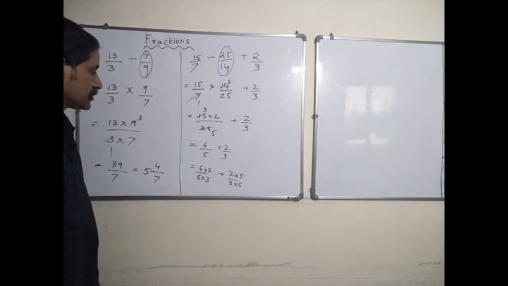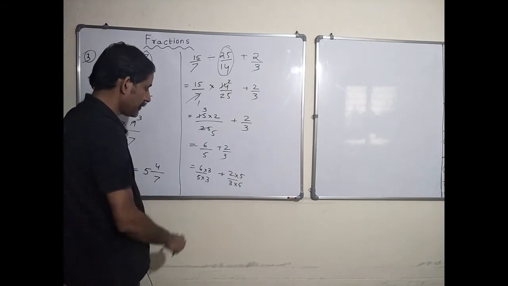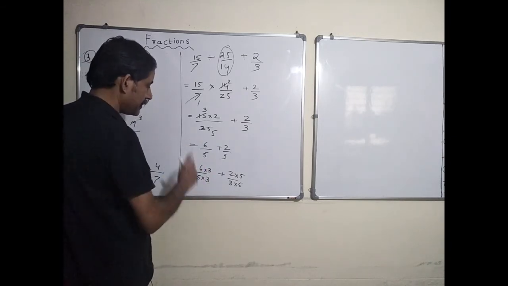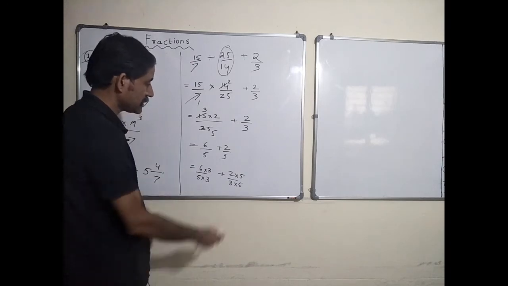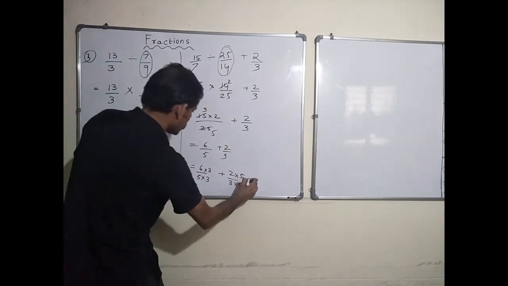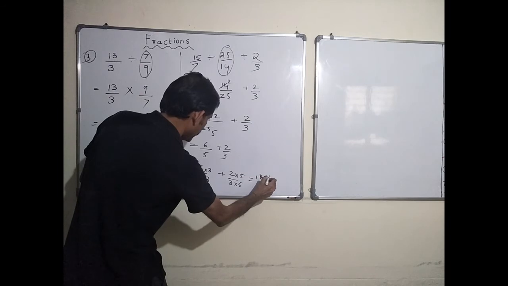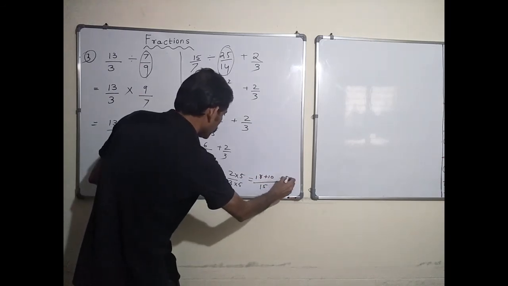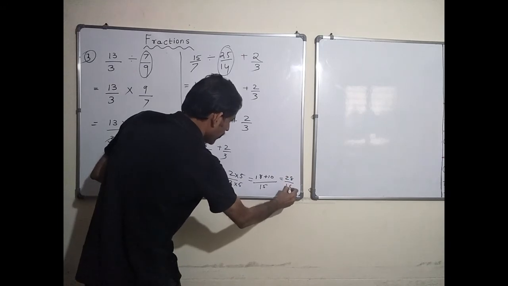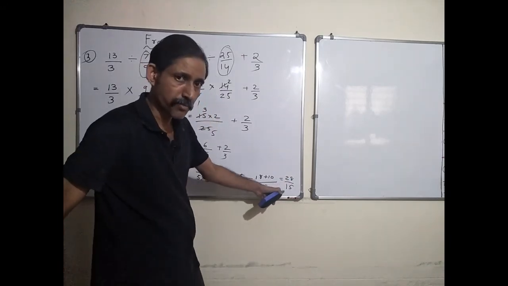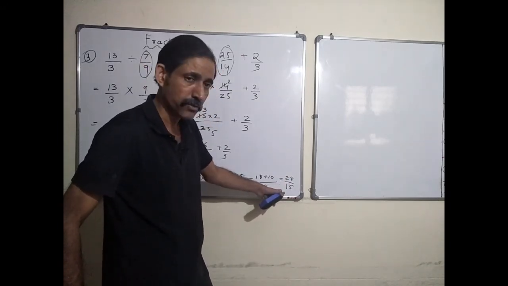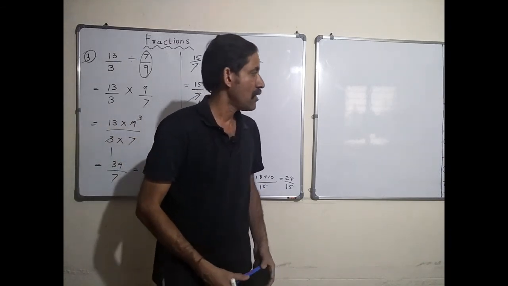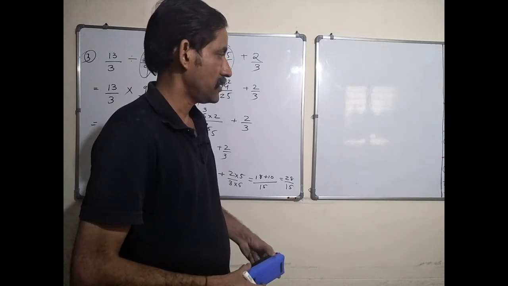I made this 15, I made this 15, but in order to make 15 I had to multiply this by 3, and the same thing I did here to keep it equivalent. So it is nothing but 18 plus 10 by 15, which is 28 by 15. I am sure you know that this is an improper fraction and you can convert it into a mixed fraction. Okay, that's good.